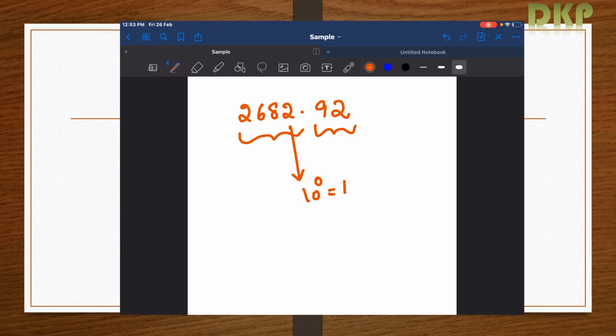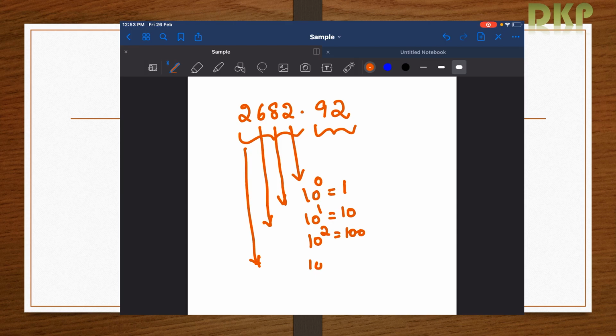And the second digit has a weight of 10 to the power of 1, which is equal to 10. And the third digit has a weight of 10 square, which is equal to 100. The fourth digit has a weight of 10 to the power of 3, which is equal to 1000, and so on.